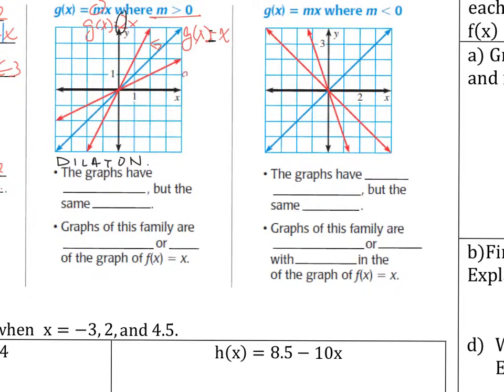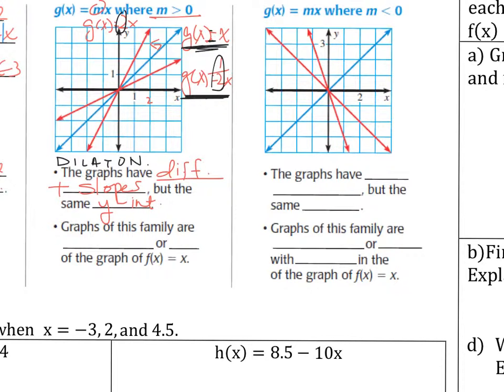And the other one will be g of x equal to 1 over 2x, excuse me. And this would be also a dilation of the parent graph by a scale factor of half. So the graphs have different positive slopes, but they have the same y-intercepts.